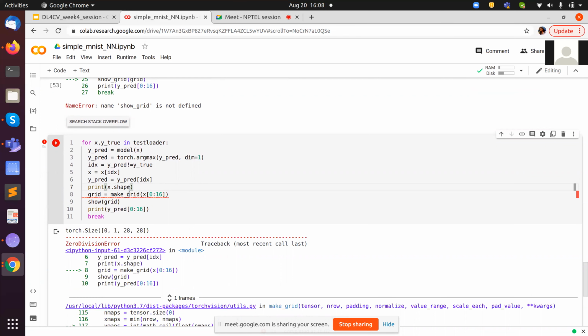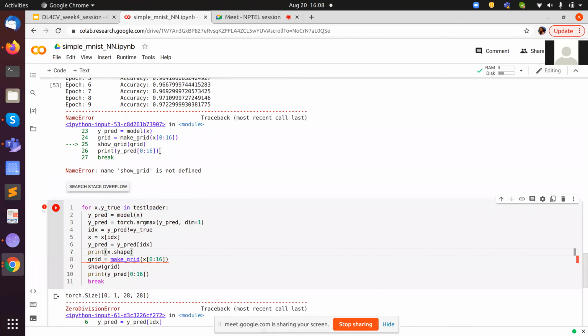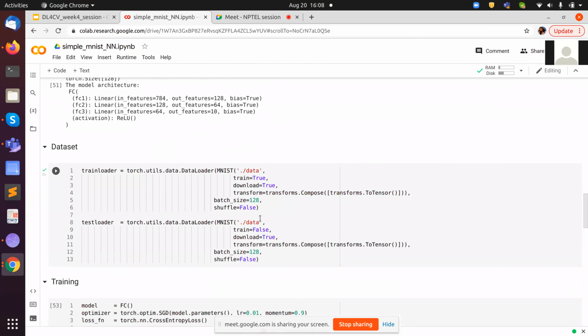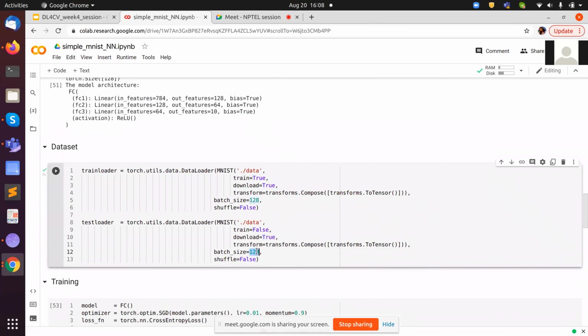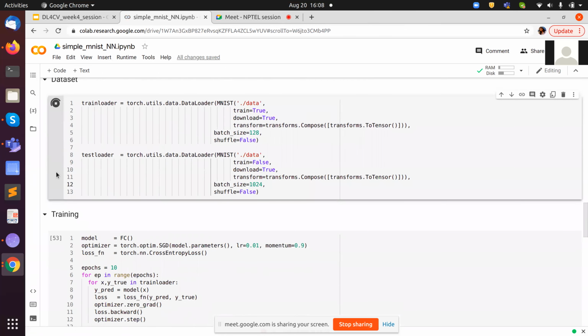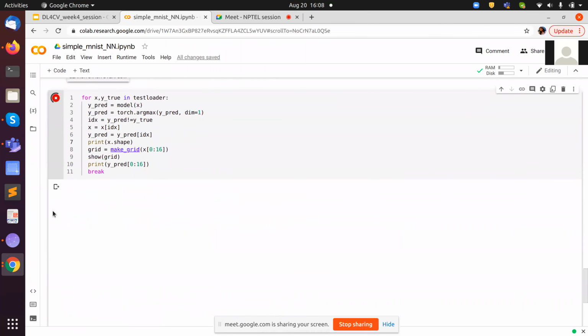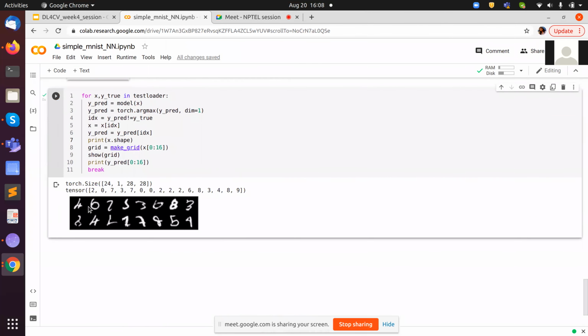Okay, the problem is only one class got misclassified. So you can even look at the things where maybe I can do one more thing. I can increase the number, and then we can expect at least three something. Okay, so here you can see that this 4 got misclassified as 2, 6, 0. So these are the cases in which the images got misclassified.